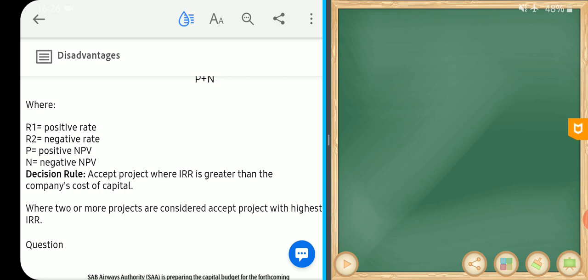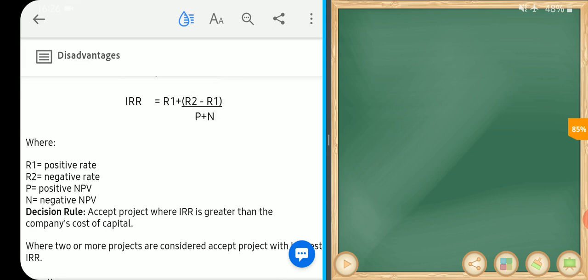So we have a question here. Looking at the formula, you can see positive rate, positive NPV, negative NPV. What does this mean? This means that in IRR, you are going to solve your question using two different discount rates. Unlike NPV, where we just used one discount rate, which was given to us in the question, 10%, in IRR we are going to make use of two discount rates.